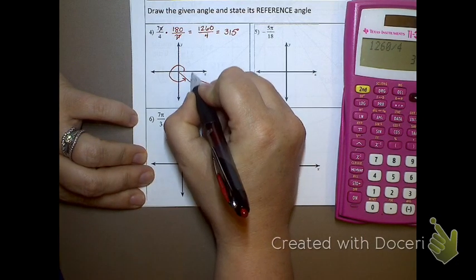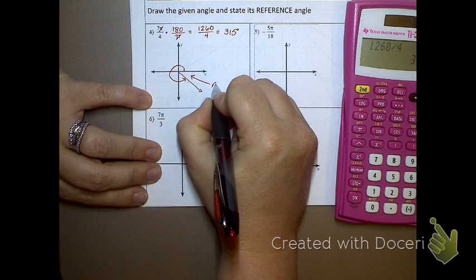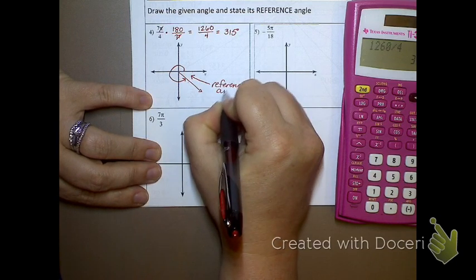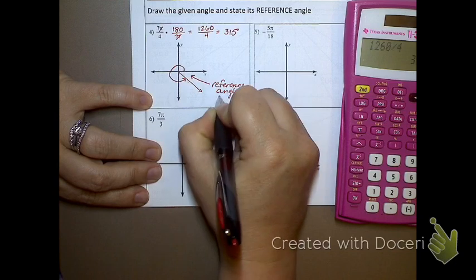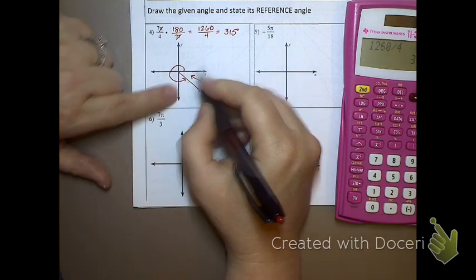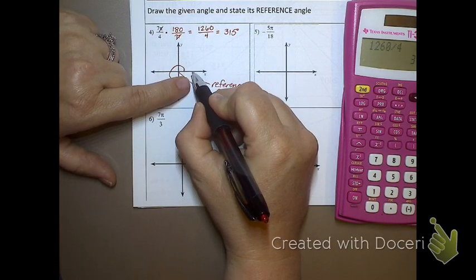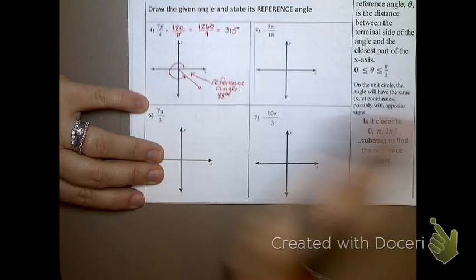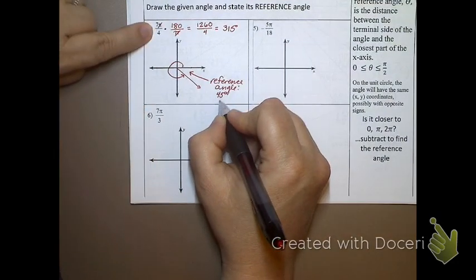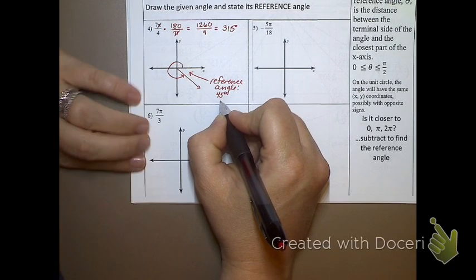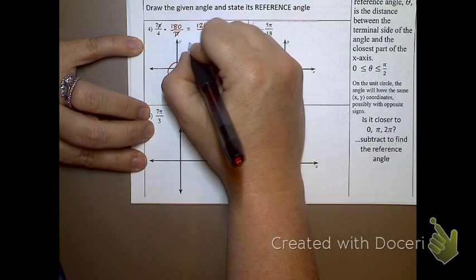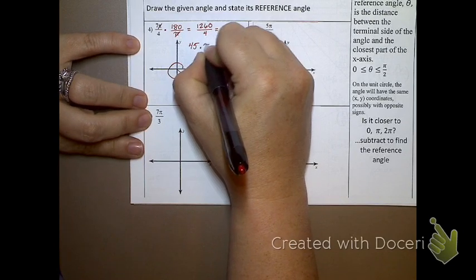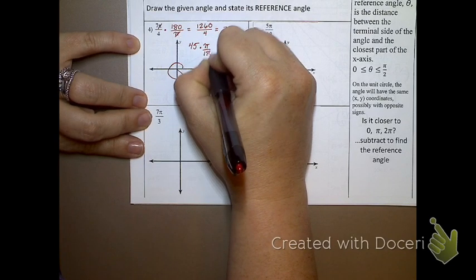What is this reference angle in degrees? 45 degrees. Because if I'm at 315, I add 45, I end up at 360, which is my x-axis. Which is great. However, since this was given to me in radians, I can't leave that 45 degrees in degrees. So I have to take 45 degrees and multiply by what? Pi over 180.